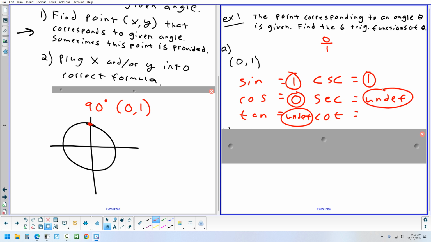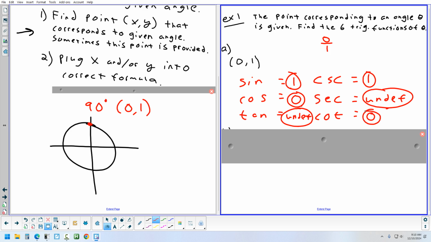So if you flip 0, you get undefined. What about if you flip undefined? You should get 0. Perfect. So that would be 6 separate questions on the test. Those are the 6 trig functions for the coordinate 0, 1, which really represents the coordinate for 90 degrees.